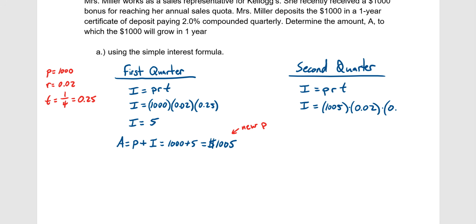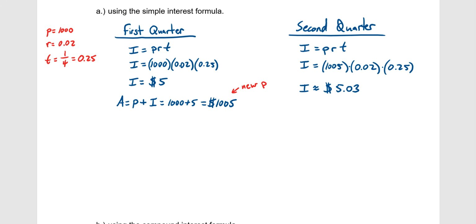It's still quarterly, so 0.25. And we plug all of that in, and we get an interest of, I'm going to put about, because I'm rounding a little bit, about $5. I'm going to label these interest because it's money, $5.03.